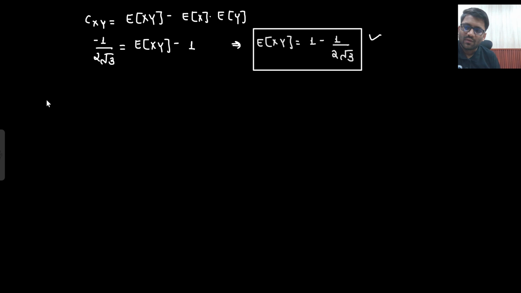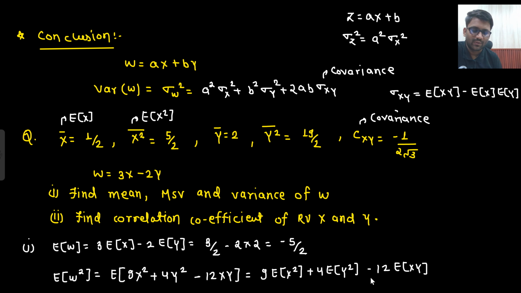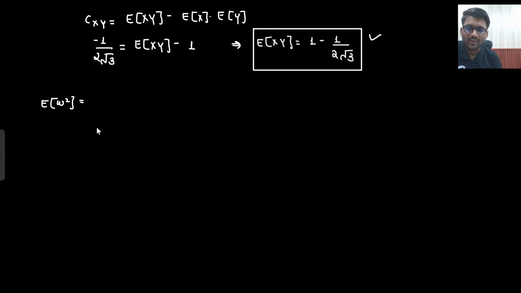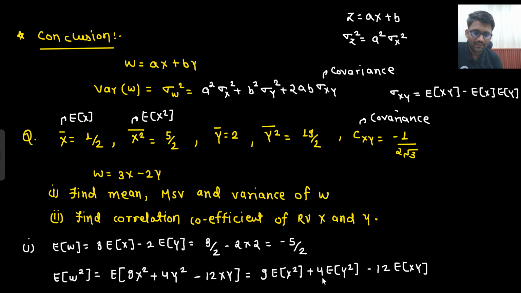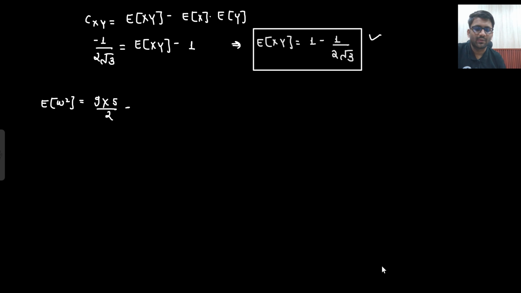So our expectation of W square is coming out to be 9 into 5 by 2, minus, sorry, plus 4 into 19 by 2, minus 12 into this value, 1 minus 1 by 2 under root 3.